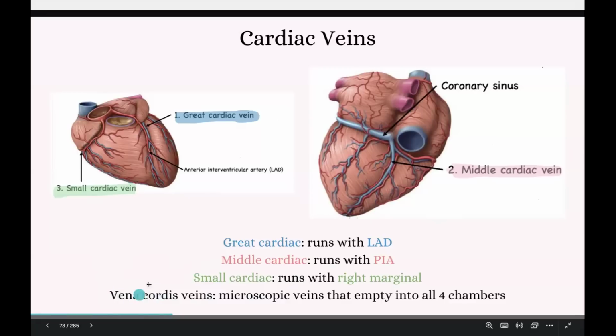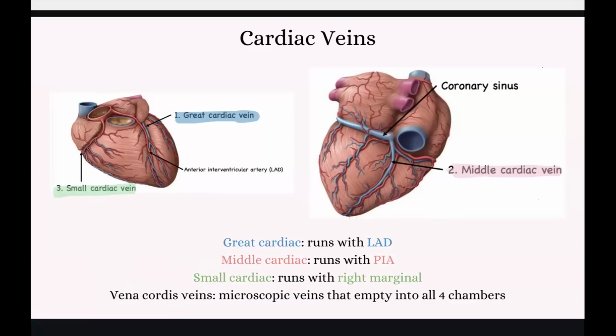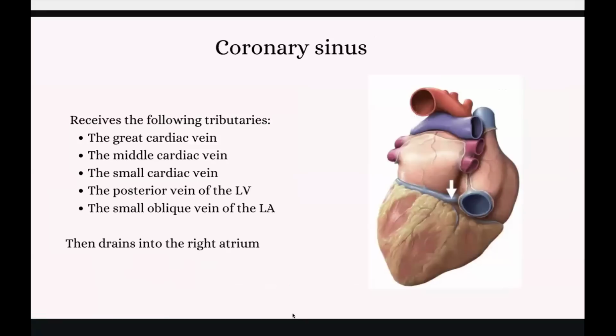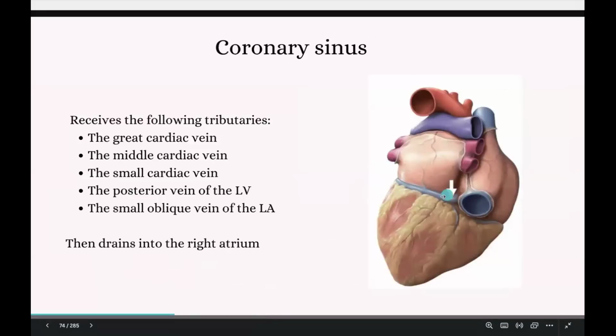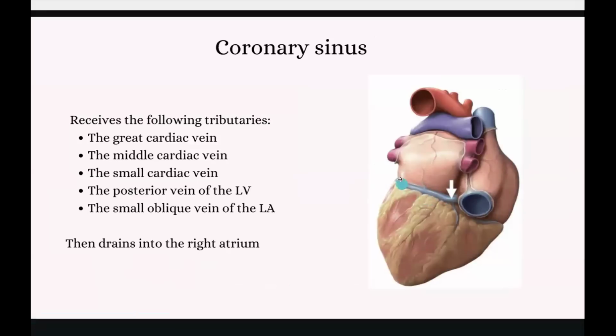Now the venae cordis minimae, something like that, are just small veins that empty everywhere into all four chambers. And while it is deoxygenated blood, it's a very small amount, so it doesn't really affect the heart that much. So yeah, this is the coronary sinus.